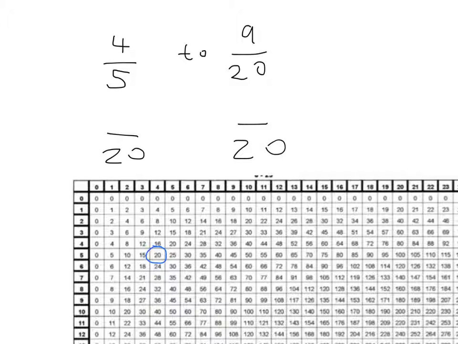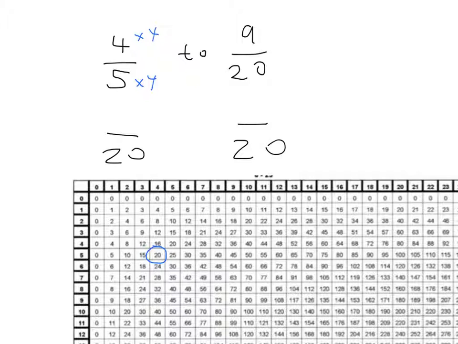So I simply write down here, multiply that by 4. And we know that whatever we do to the bottom, to the denominator, we also do to the numerator. So we also times the top by the number 4 as well.